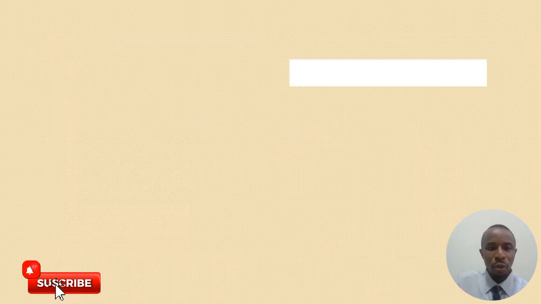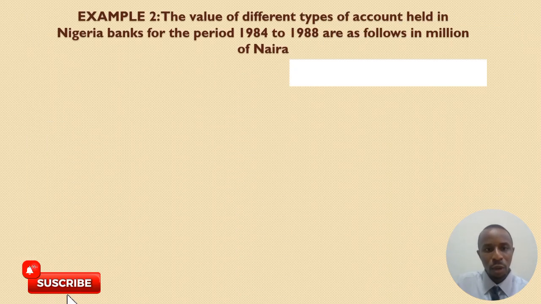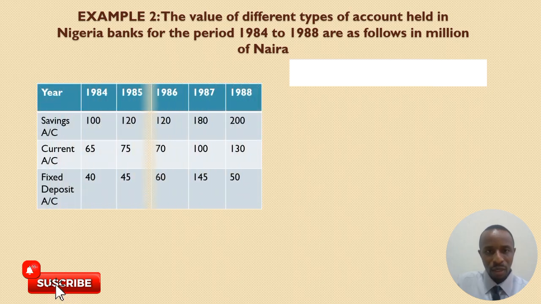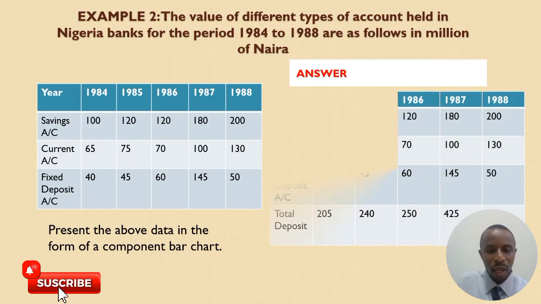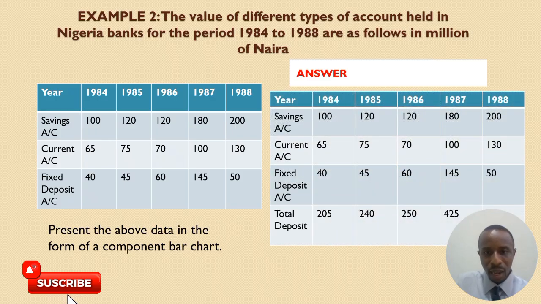Now let's move on to the third type of bar chart, which is multiple bar chart. This is another example also on component bar chart. We have the types of accounts held in Nigerian banks from 1984 to 1988. And you can see savings account, current account, and fixed deposit account. So when you represent that, this is what it will give us.